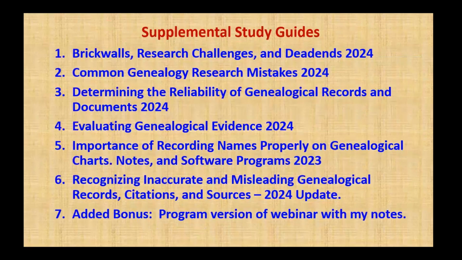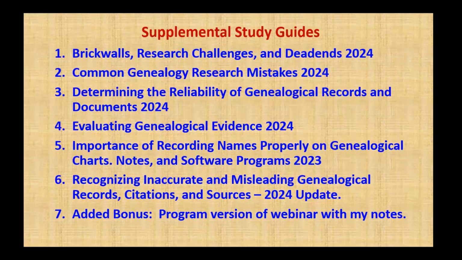The listing of study guides that I have here, they are all on the Allen County Library website. I've included the years when I updated these. The primary one for today's session is going to be number 6, obviously inaccurate and misleading genealogical records, citations, and sources.